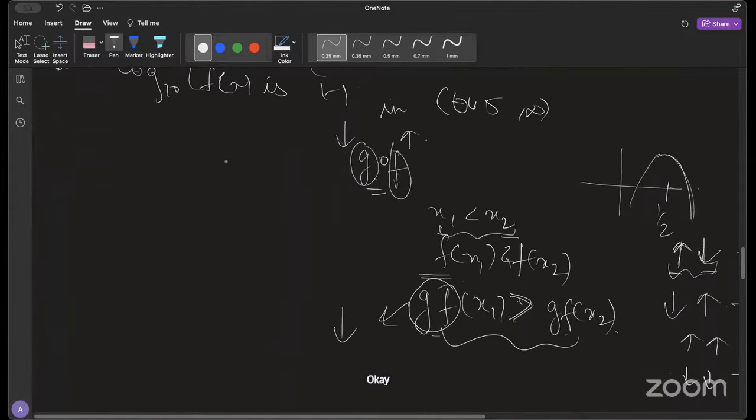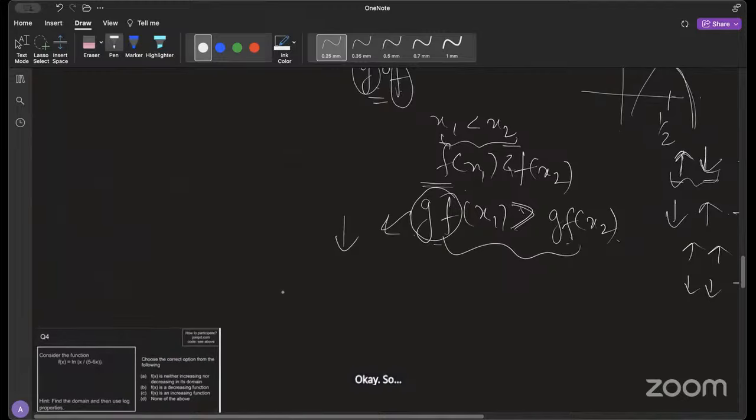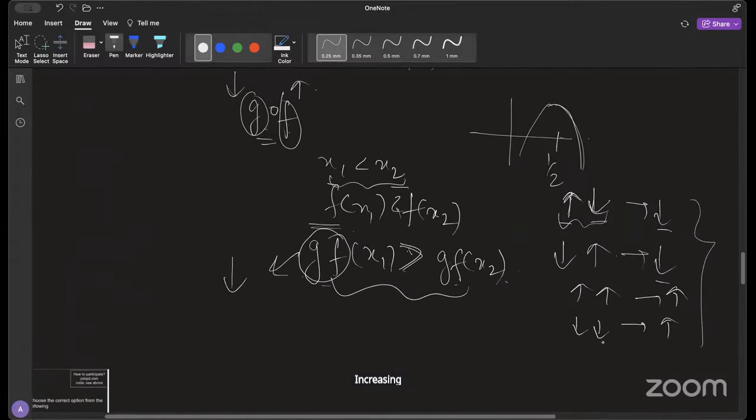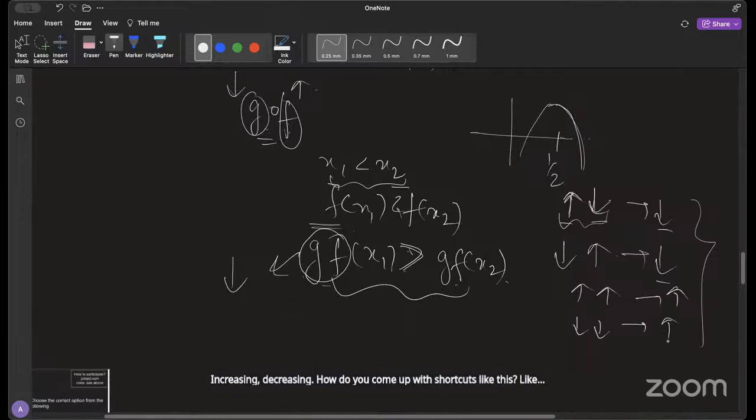Okay. Just a deviation. See what you wrote on the right side, decreasing, increasing, decreasing. How do you come up with shortcuts like this? I just want to understand your thought process. You just check it.